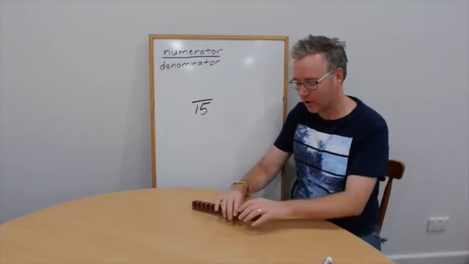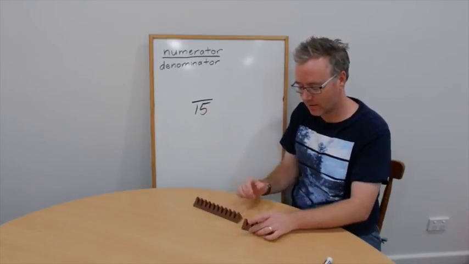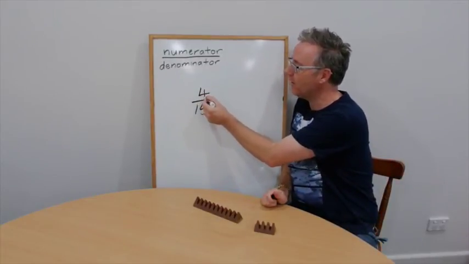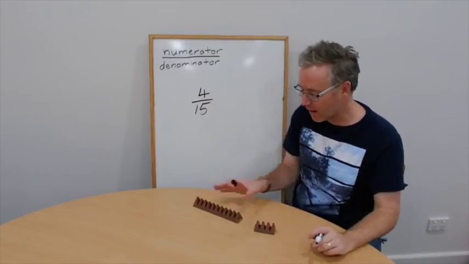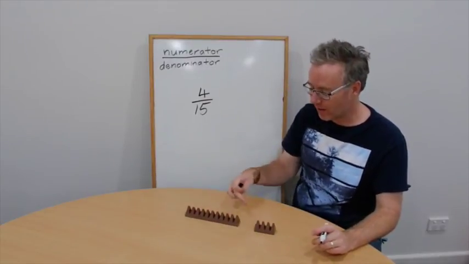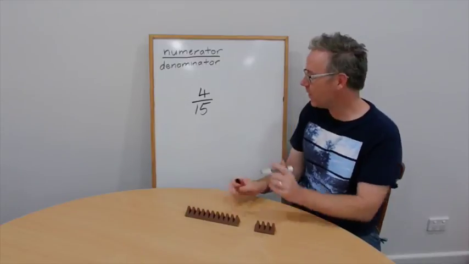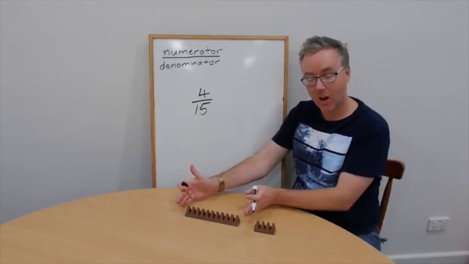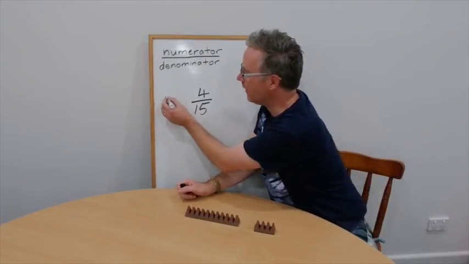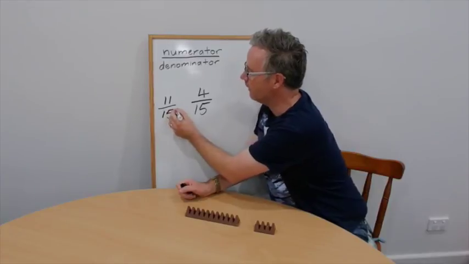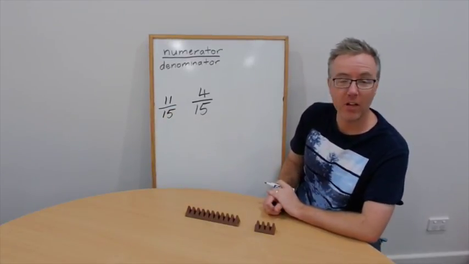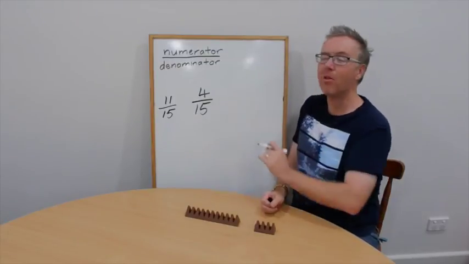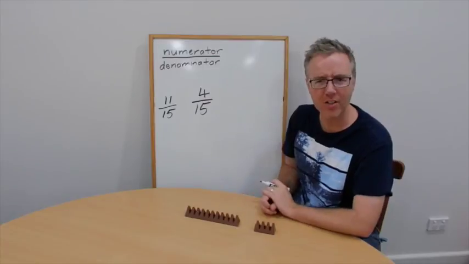Now, if I'm going to share this with my friends, I might give away 4 of the 15 equal parts to my friends, and of course that leaves me with the remainder, which is 11, because 11 plus 4 is 15. So over this side I now have 11 15ths.